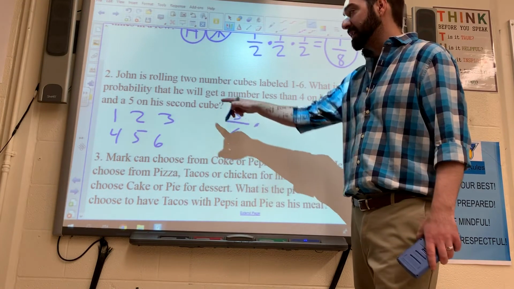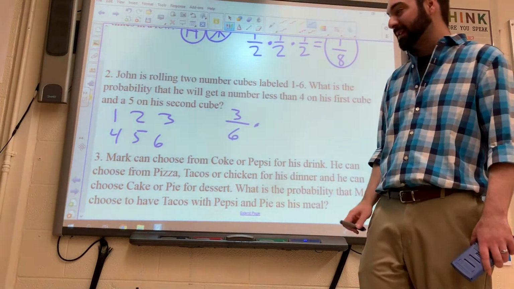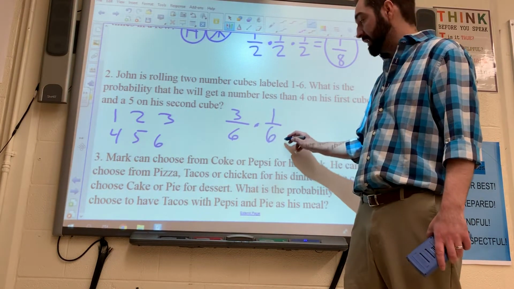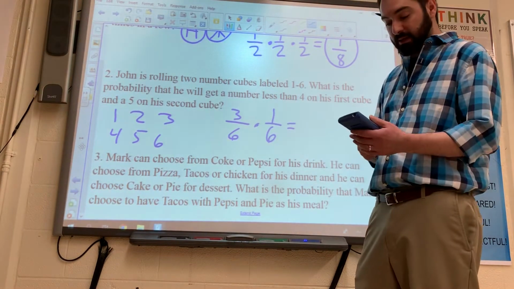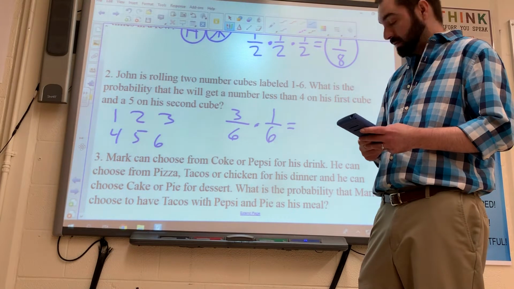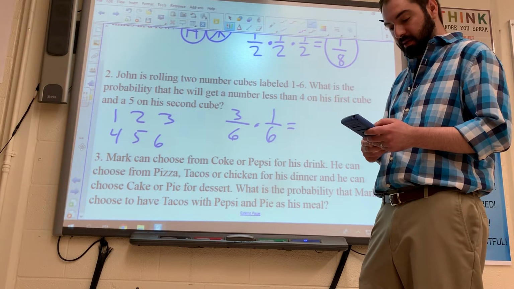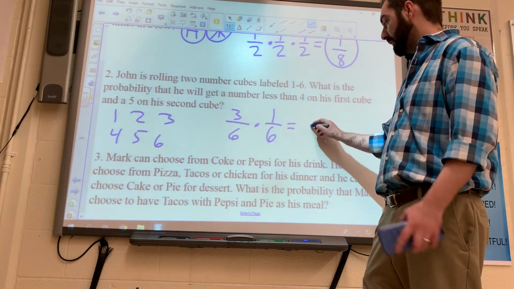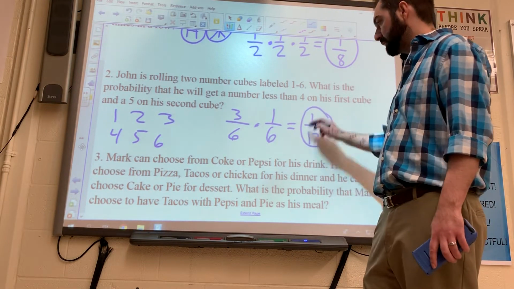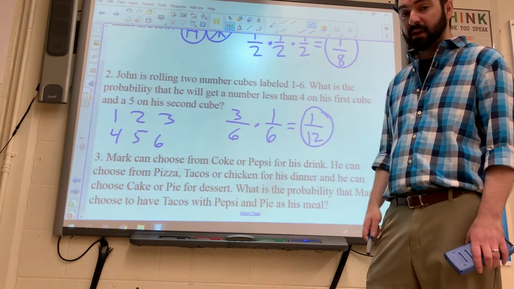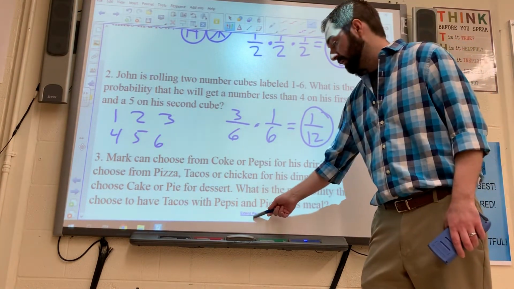Now, we're going to multiply that times the chance he gets a 5 on the second one. There's 1 five on that die out of 6 choices. Again, I put this in a calculator. 3/6 times 1/6, and I would get an answer of 1/12. Again, using a strategy, reading carefully, seeing if there's more than one event, multiplying in a calculator.